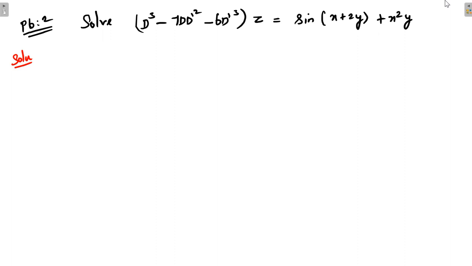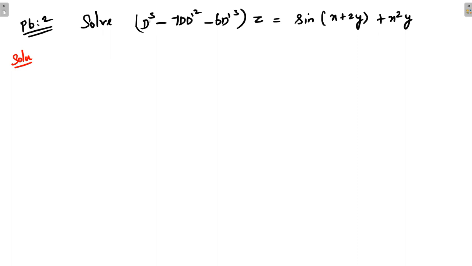So here, before using the formula to find the complementary function, try to check whether the given partial differential equation is homogeneous or not. So homogeneous is nothing but the order of each derivative should be same.